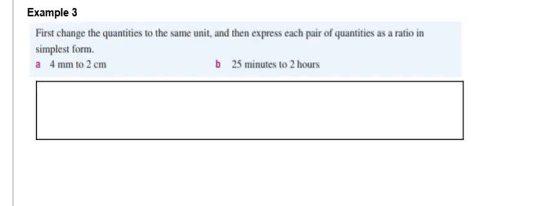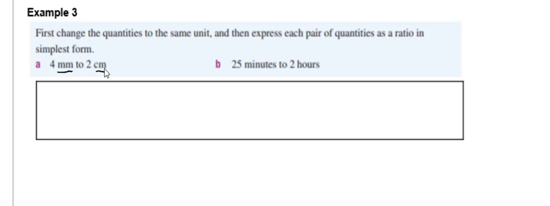Alright, example 3. It says first change the quantities to the same units and then express each pair of quantities as a ratio in its simplest form. You must have the same units when you simplify ratios. Here we've got millimeters and centimeters.